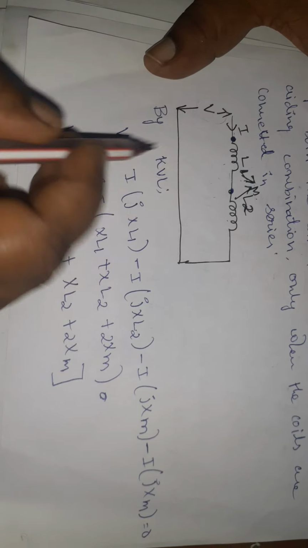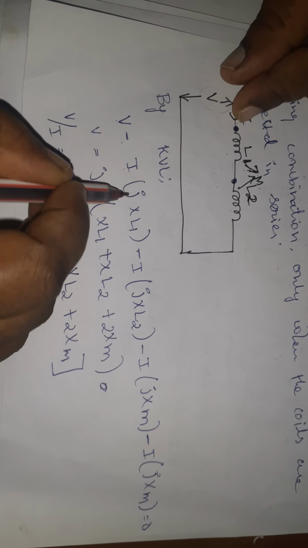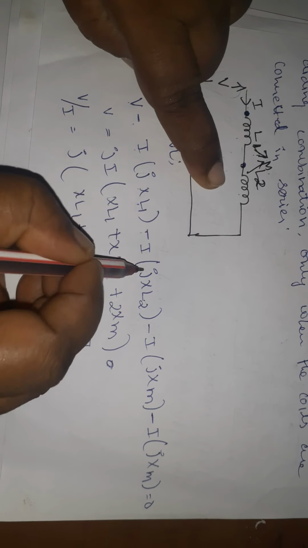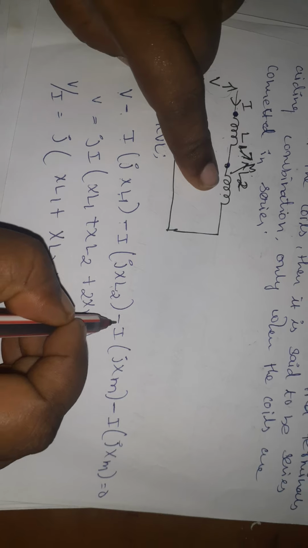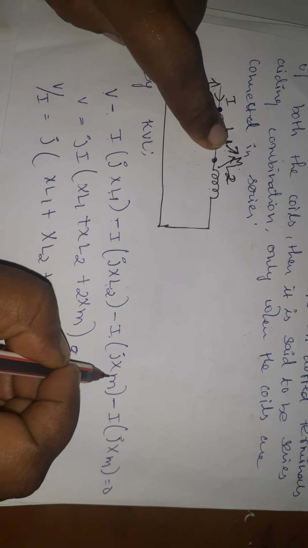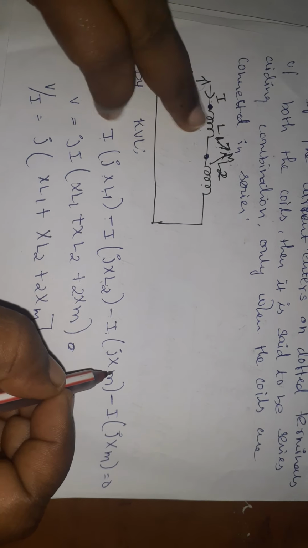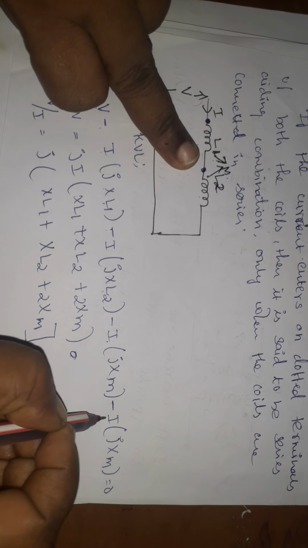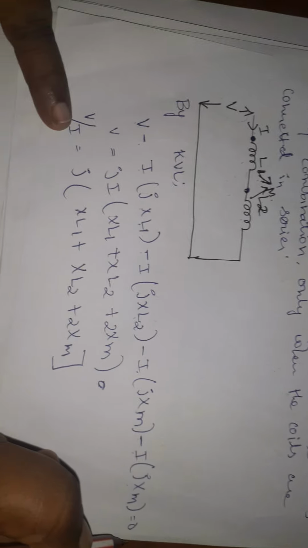The input voltage is V. So V minus I into jXL1 minus I into jXL2 minus I into jXM. jXM means the mutual inductance of the coil. Next you write again minus I into jXM, the mutual inductance of the other coil, is equal to 0.